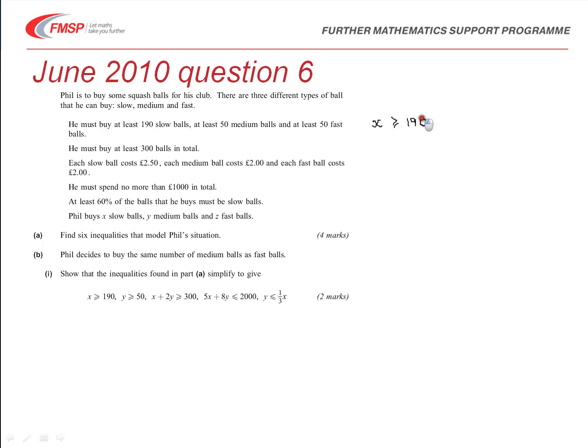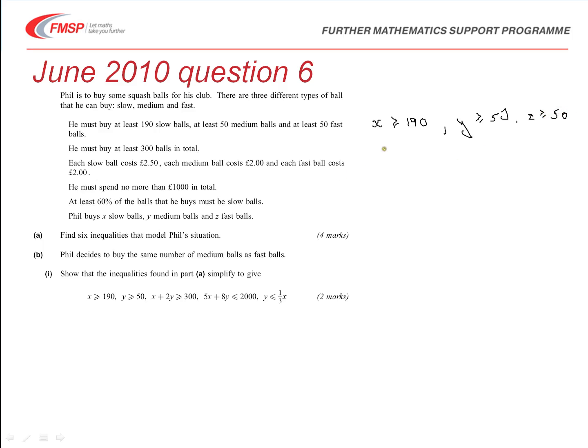Similarly, for the medium, Y has got to be greater than or equal to 50. And Z, the number of fast ones, has got to be greater than or equal to 50 as well. So there's the first three inequalities.